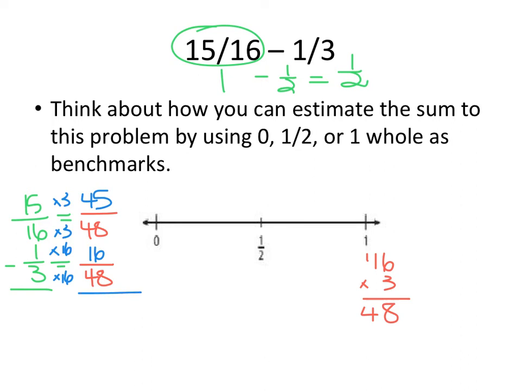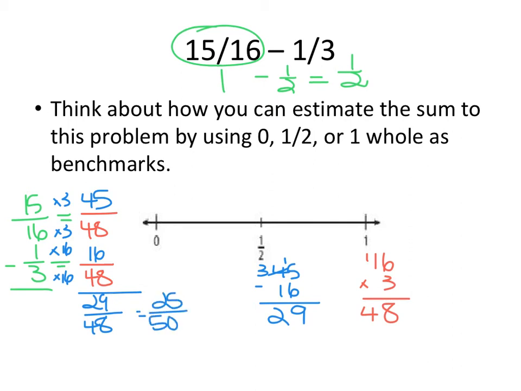Now when we subtract 45 minus 16, we get 15 minus 6 is 9, and 3 minus 1 is 2, so we get 29/48. I know that this has got to be pretty close to 1/2 because it reminds me a lot of 25/50.